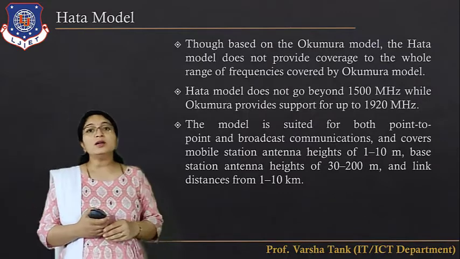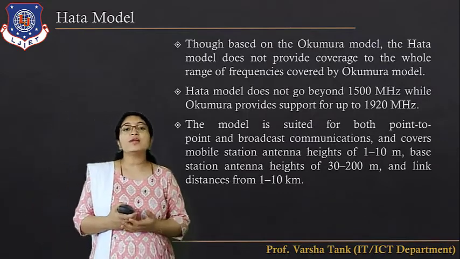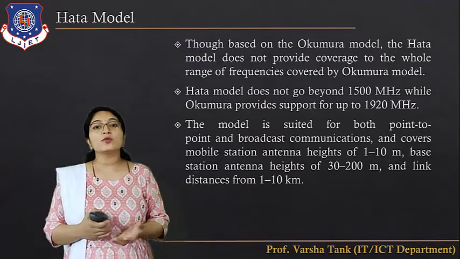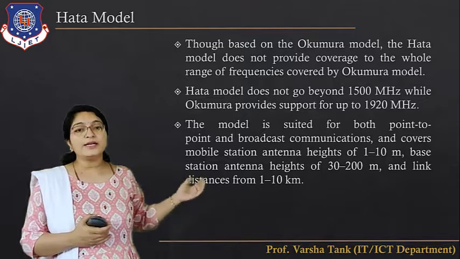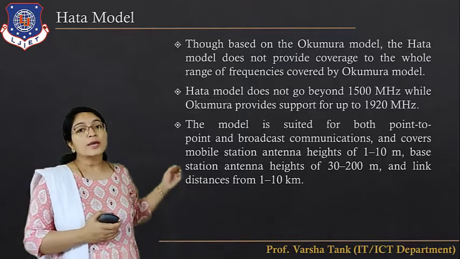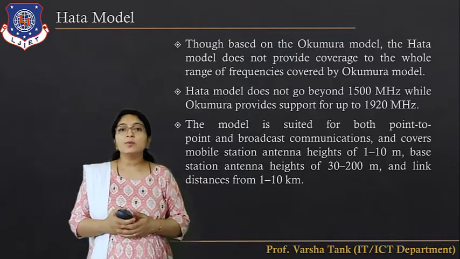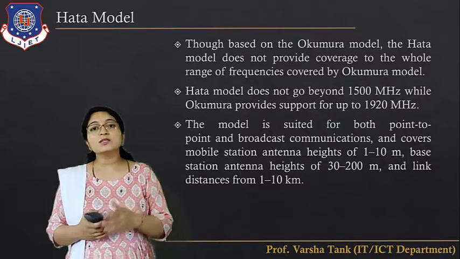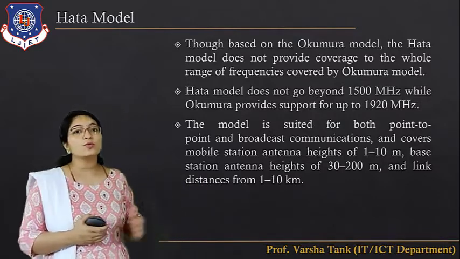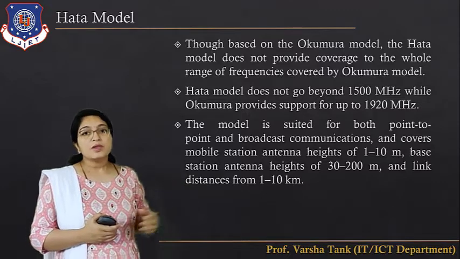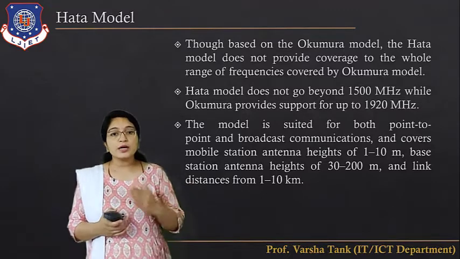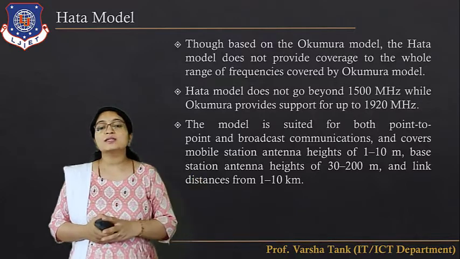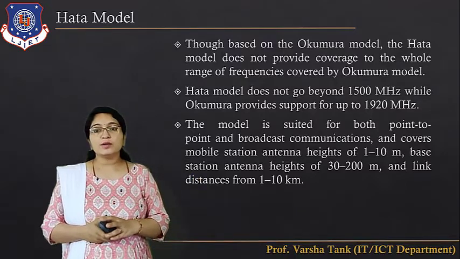The Hata model does not go beyond 1500 megahertz, while the Okumura model provides support up to 1920 megahertz. The model is suited for both point-to-point and broadcast communication, and it covers mobile station antenna height of 1 to 10 meter, base station antenna height of 30 to 200 meter, and link distance of 1 to 10 kilometers.